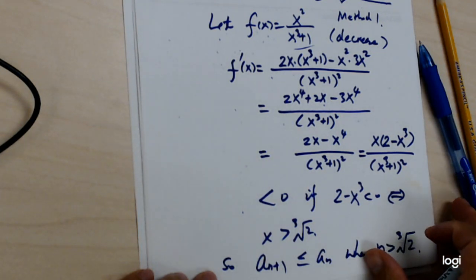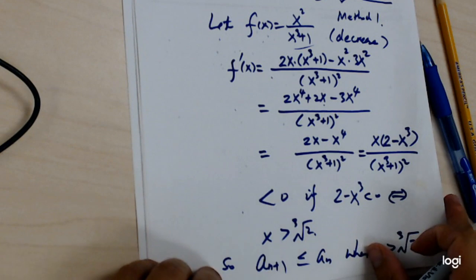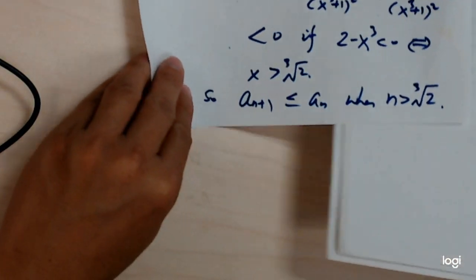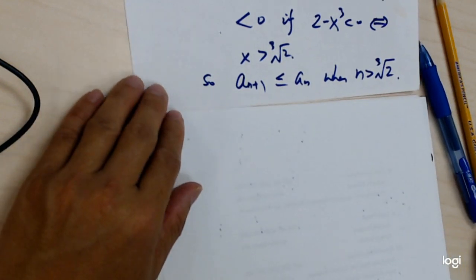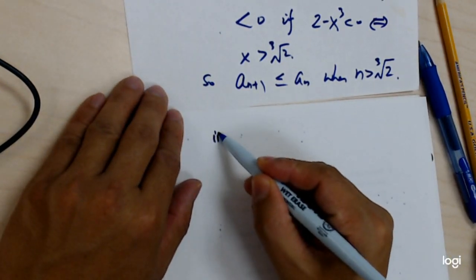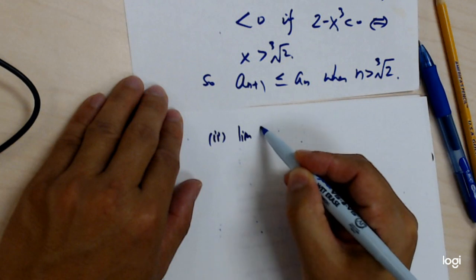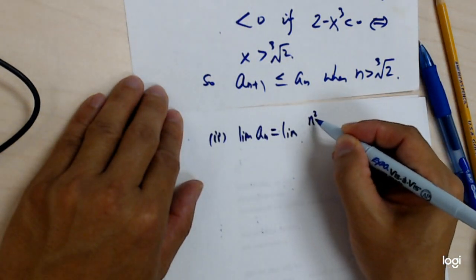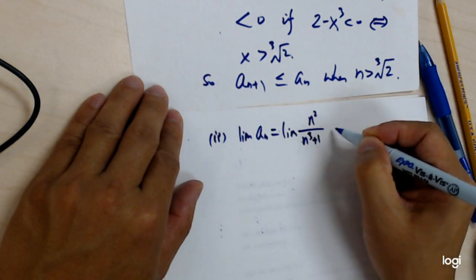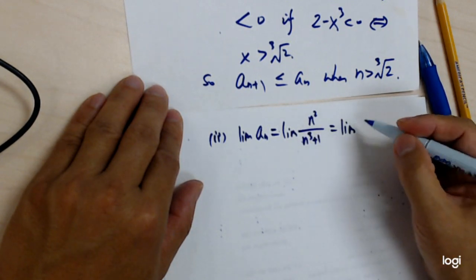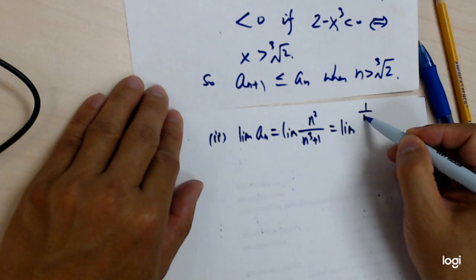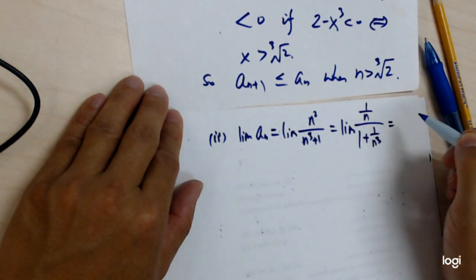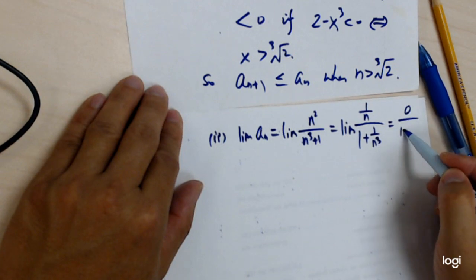So that's how we can show it by using the derivative, followed by calculating the limit, which will be kind of straightforward. Divide by n cubed, giving 0 over 1 plus 0.